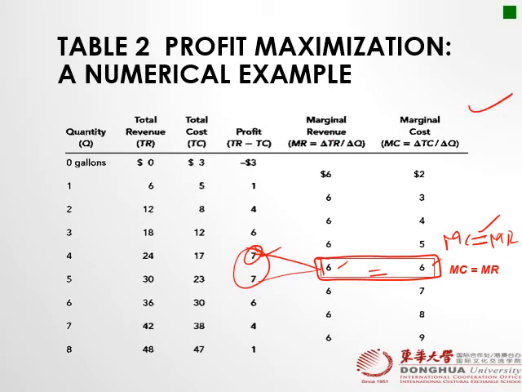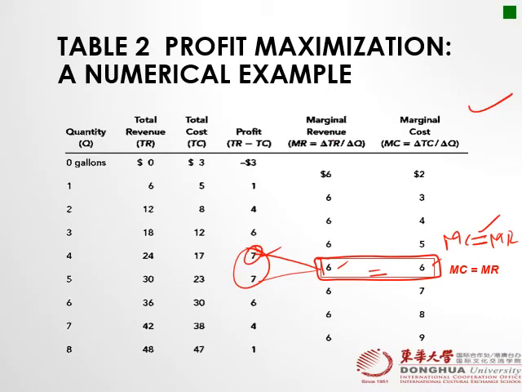Where did this 3 come from? This 3 came from here, which means 8 minus 5 divided by 2 minus 1. The 4 came from here, 12 minus 8 divided by 3 minus 2.